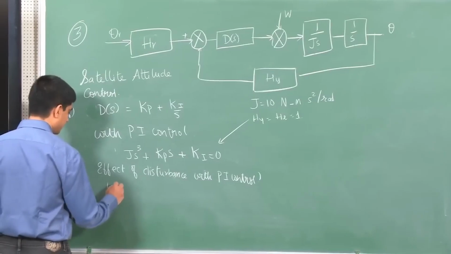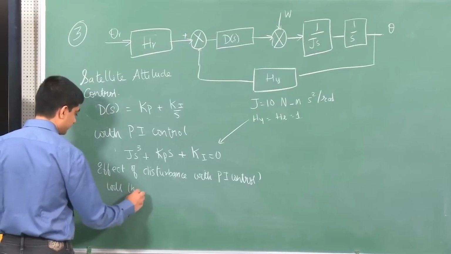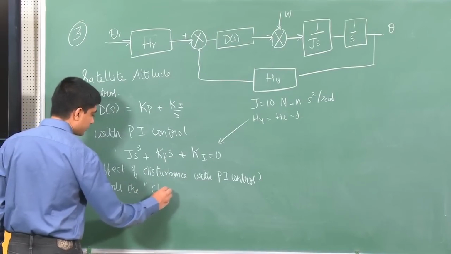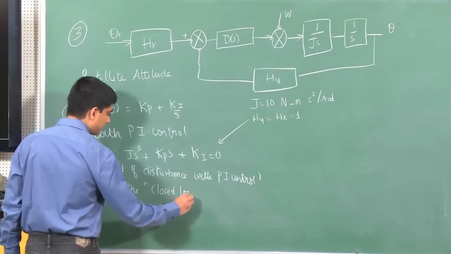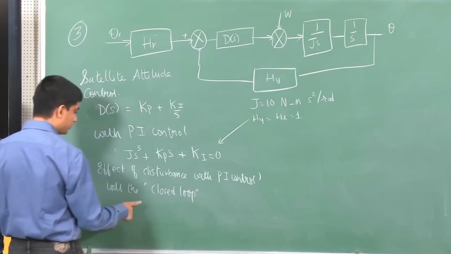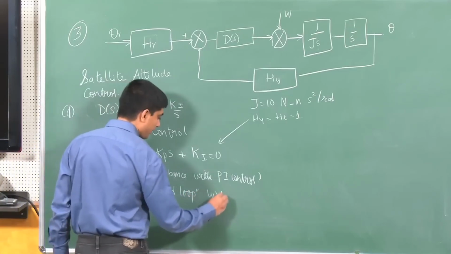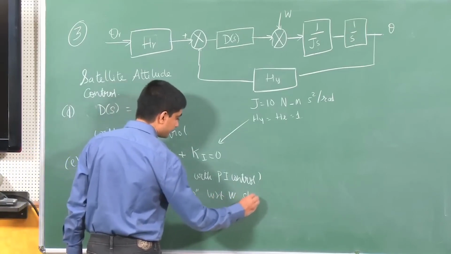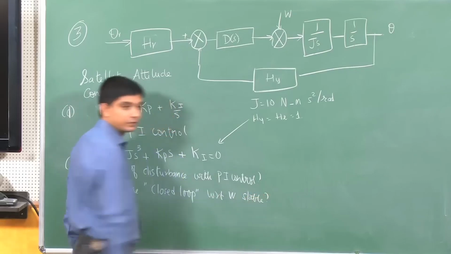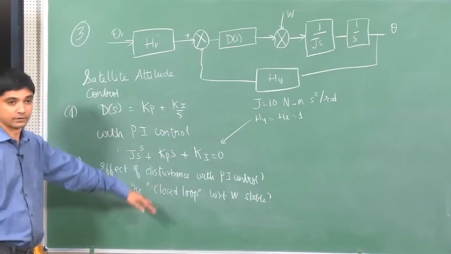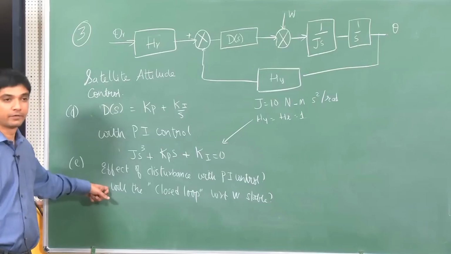Will the closed loop with respect to W, I just use the word closed loop even though it is not the actual closed loop, be stable now with a PI control? Just try to solve this. Once you know this, it should be very obvious.